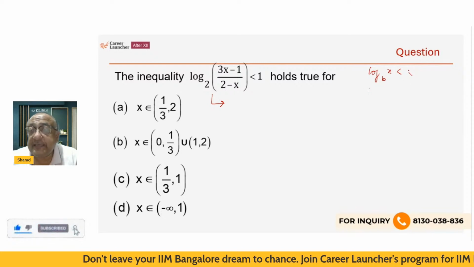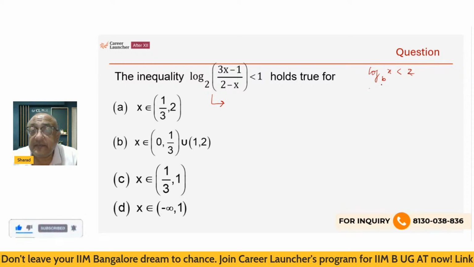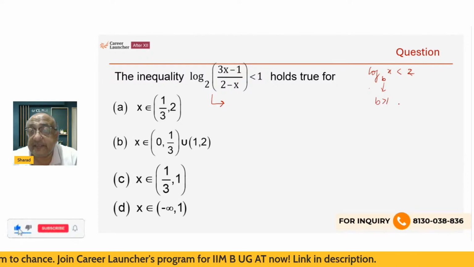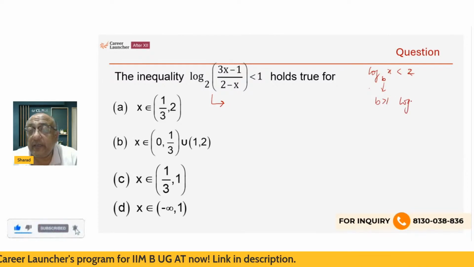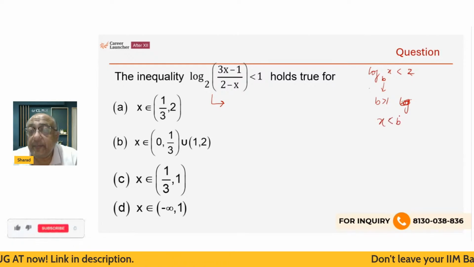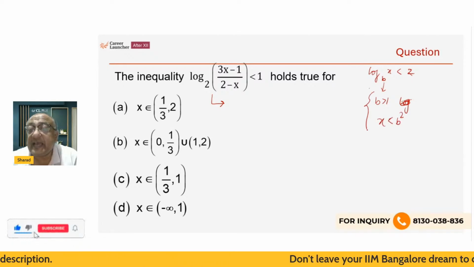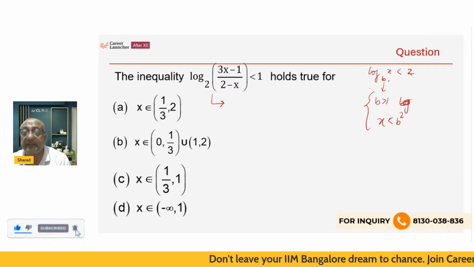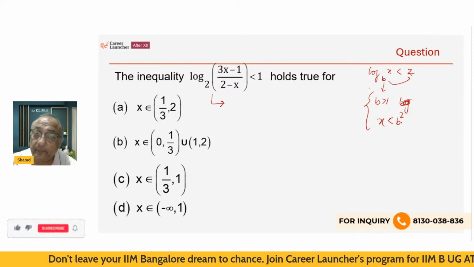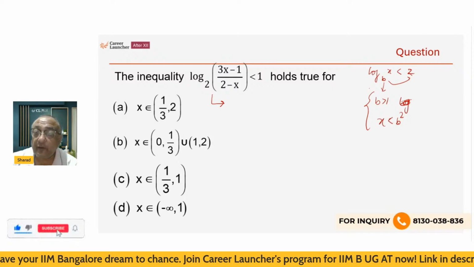If this base is greater than 1, which in most cases you will get, you can simply write x is less than b raised to power 2. Means the sign will not change. You can simply do it as you do in an equality, right? The sign will not change.